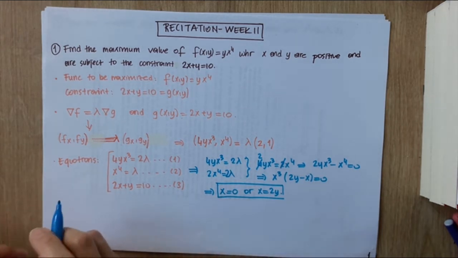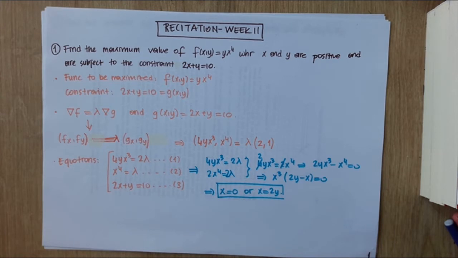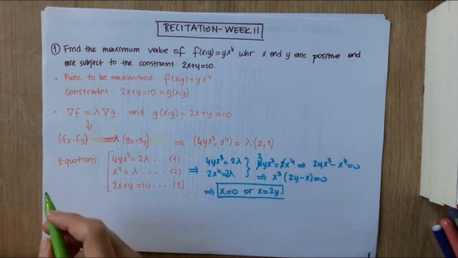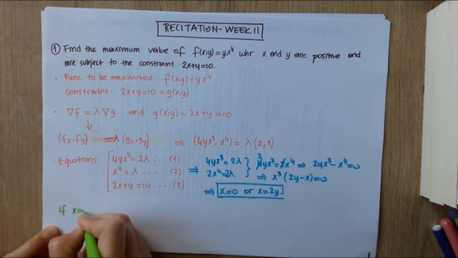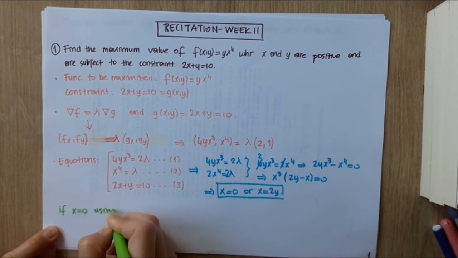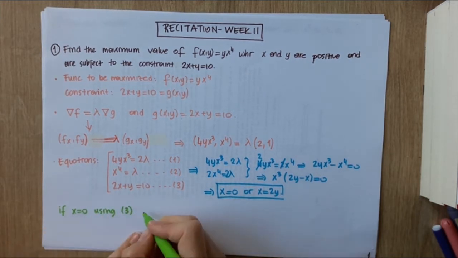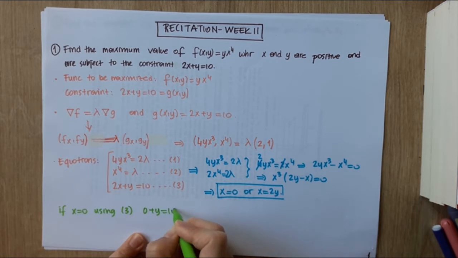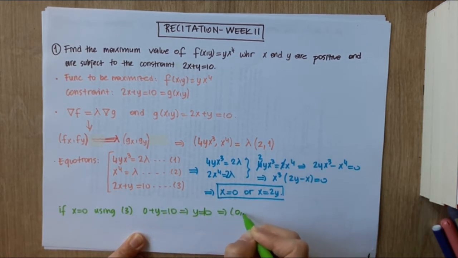If x is 0, using equation 3, I have 0 plus y is 10, so y is 10. So the point is (0, 10).